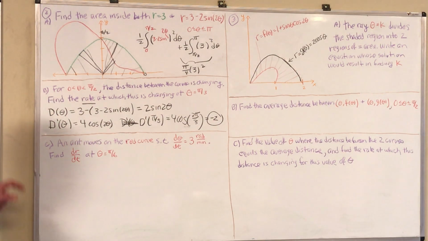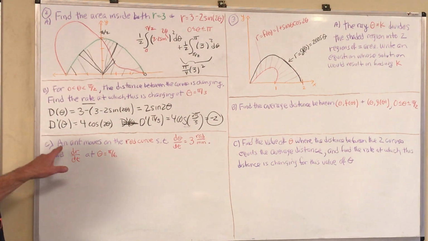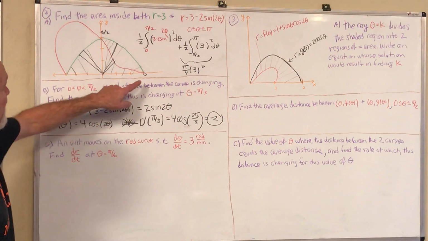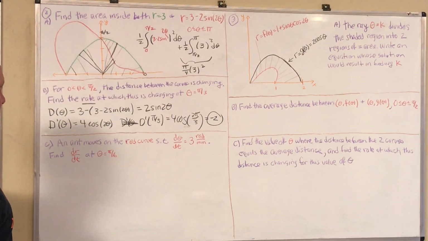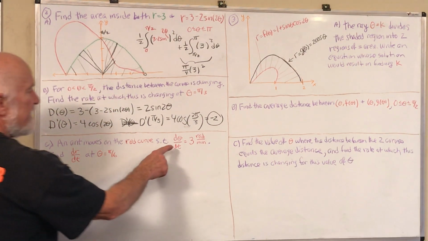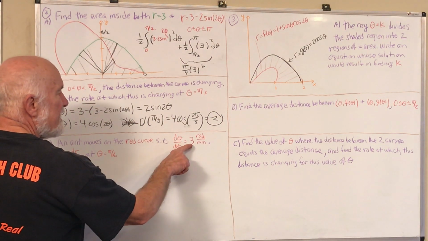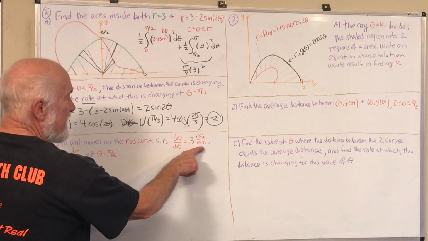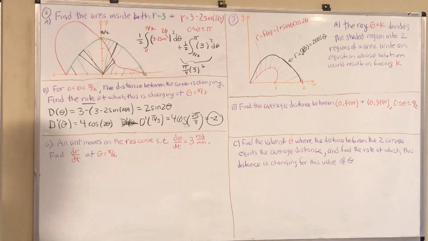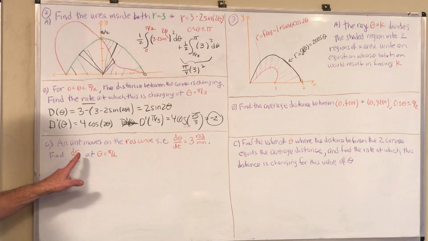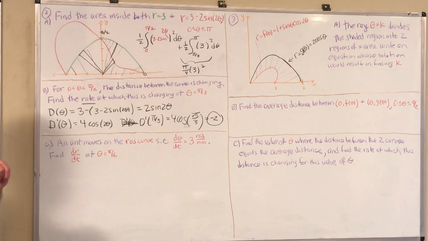Okay, now, forget the green curve for a minute, and we just have an ant moving on the red curve, such that during this time, the ant is moving so that its angle is increasing at 3 radians per minute. And what do we want to find? dr dt.